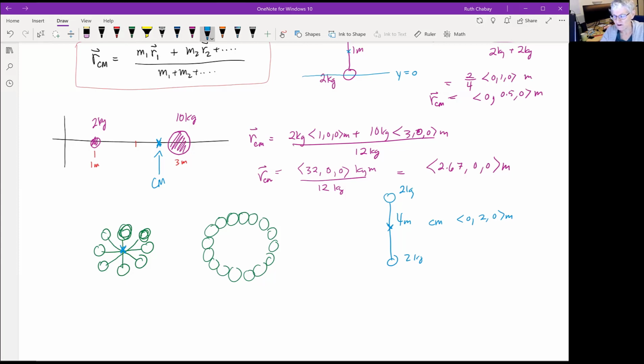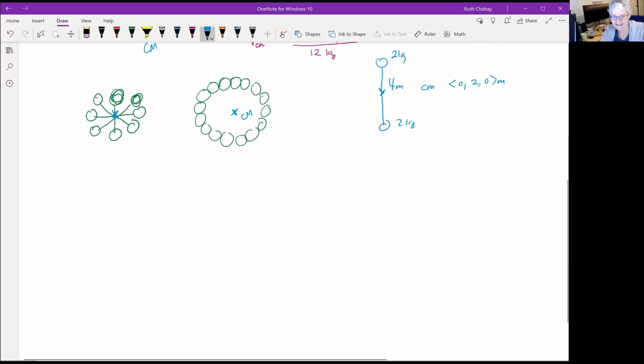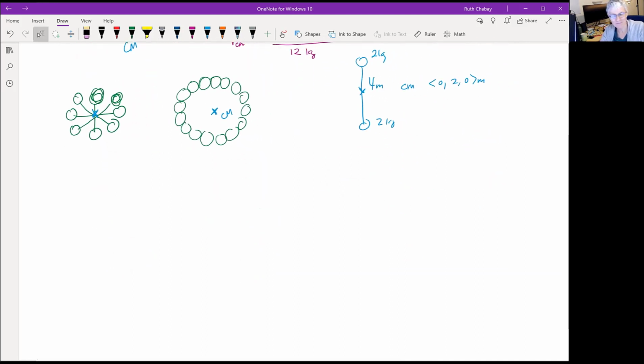And the center of mass is actually going to be in here, even though there are no atoms there. Okay, so this is a mathematical weighted average. A donut does have a center of mass. It's in the center of the donut.